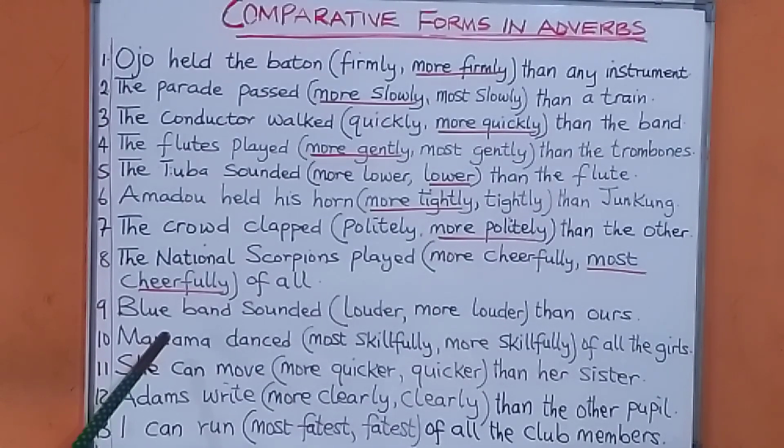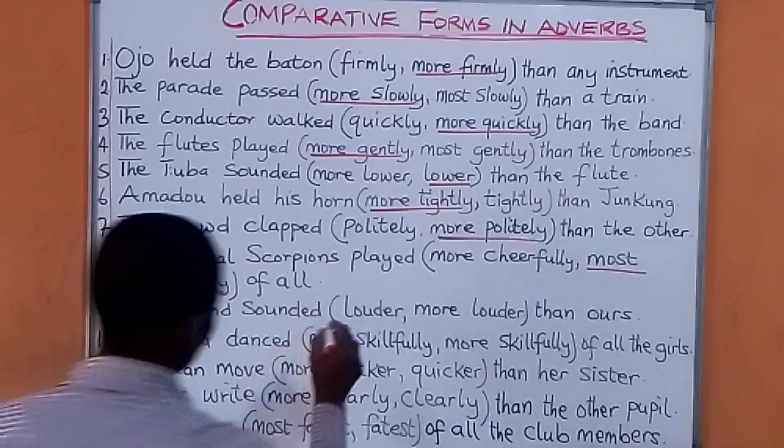Look at number 9. Blue band sounded more louder than ours. You have this word there, so you are talking about two, comparing one thing to the other. You see you cannot use the word that has er and then you use more. So this one is wrong. So you say louder.